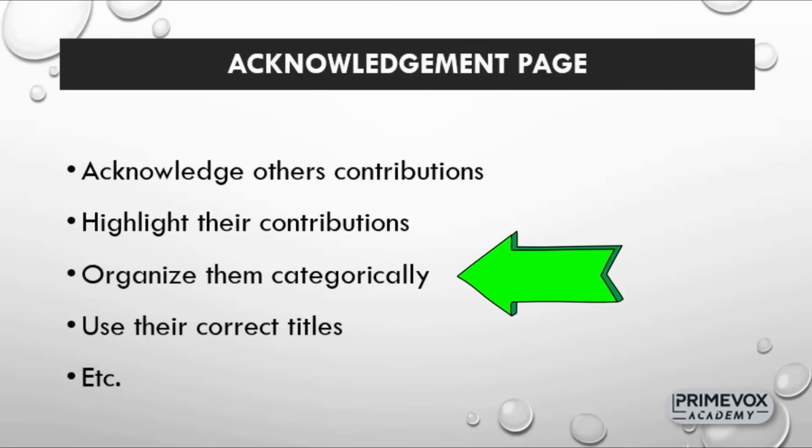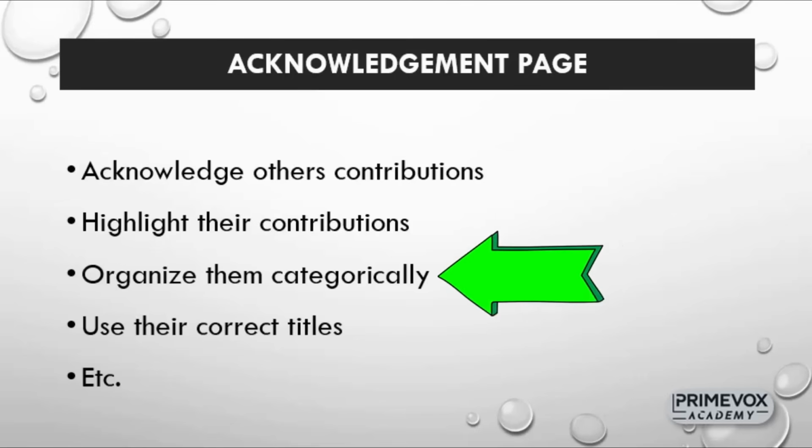Like after acknowledging your HOD, you go and acknowledge your father for paying your school fees, then you come back and remember your supervisor. No, if you are facing your lecturers, you write everything about them. You acknowledge all of them. Then when it comes to your parents, you write the people you want to acknowledge. For your friends and other people, you do it in an organized, orderly manner.